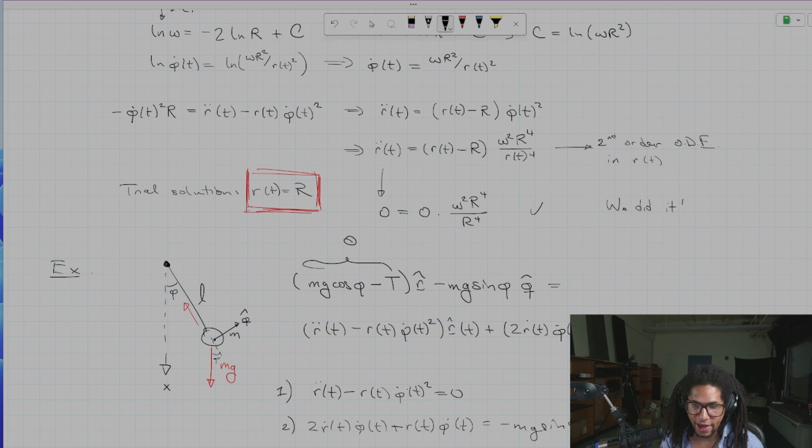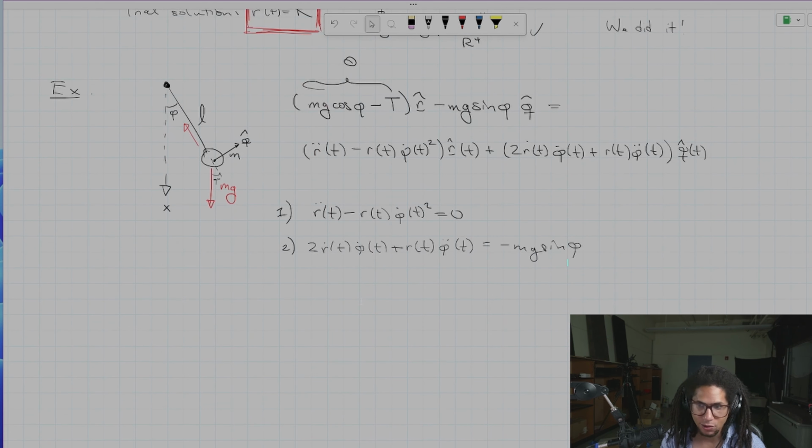And let's jump ahead to the part where we know that r dot is equal to 0 and that r is equal to L, because again, we included a force of constraint. So this is going to equal 0, and this is going to equal L. So this gives us L phi double dot of t is equal to minus mg sine phi.